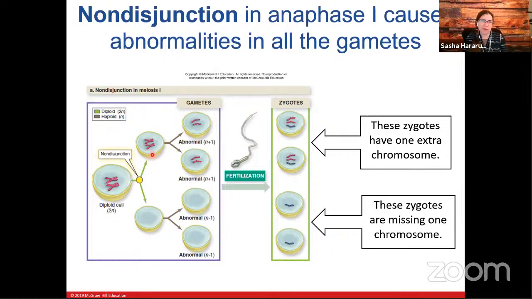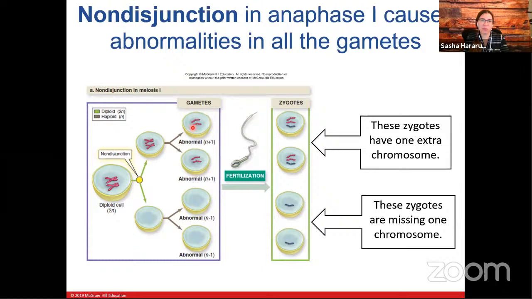So if they're not pulled apart during anaphase 1, then the resulting cell from meiosis 1 can remain diploid, and the other resulting cell after meiosis 1 can have no chromosomes at all. And as a result, half of the gametes will have no chromosomes at all, and the other half will have an abnormal number of chromosomes, like they will still remain diploid. There will be diploid gametes.